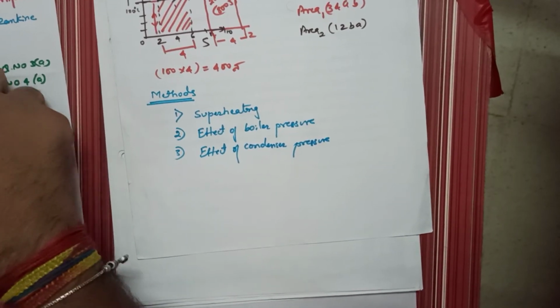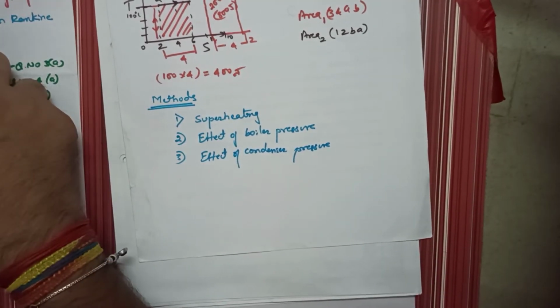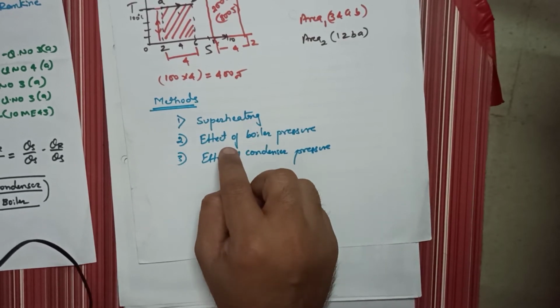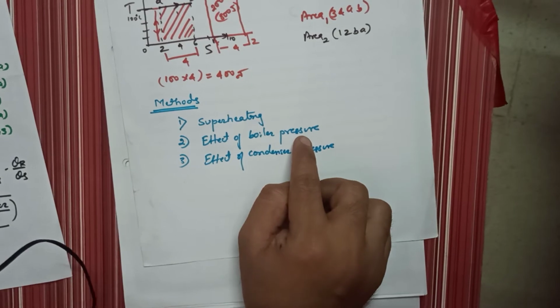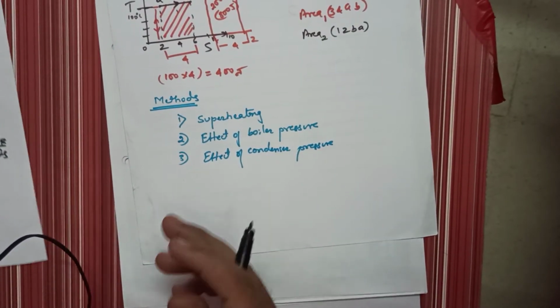So this is how the question will be asked in the exam: explain the effects of boiler, condenser or superheater. So first I will go for explaining the superheater, then I will come back to the effect of boiler pressure and the effect of condenser pressure. Boiler pressure means in the boiler you are adding heat, and in the condenser you are rejecting heat.